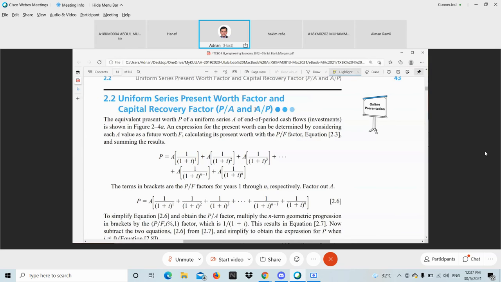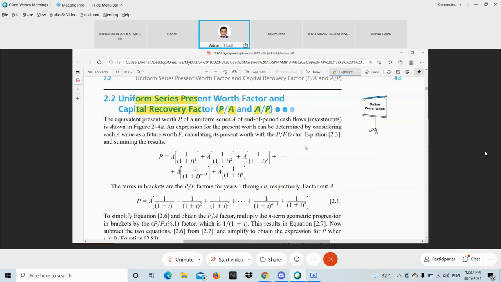We want to know the monthly or yearly payment after we invest a certain amount of principal. This second one is called the recovery factor, or we want to know the uniform series A. Here we want to know the P, the uniform series present worth, given the uniform series A.